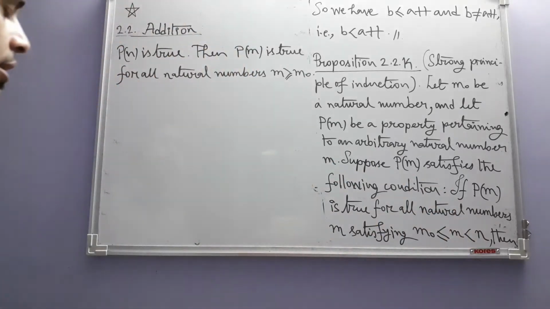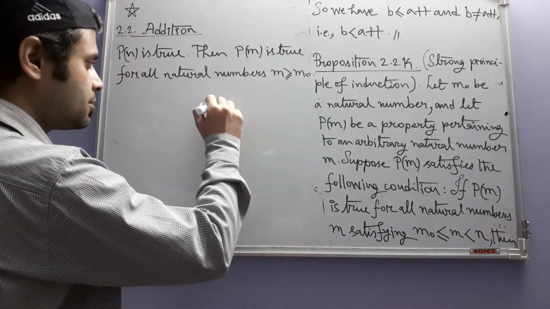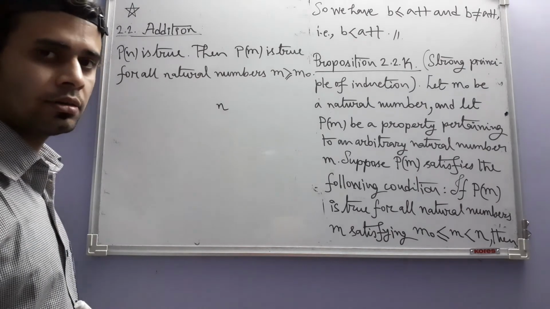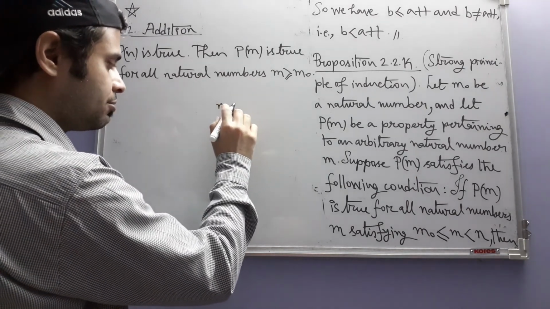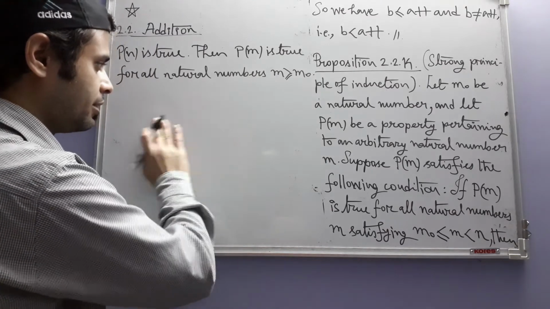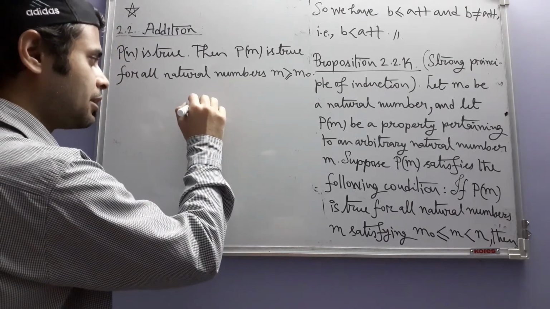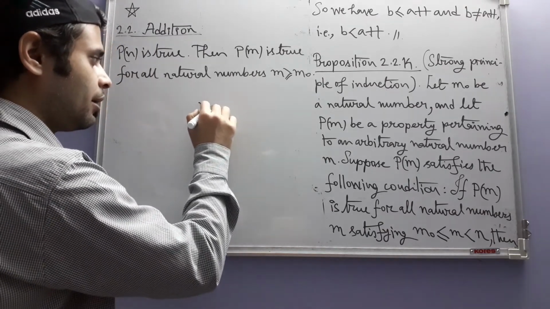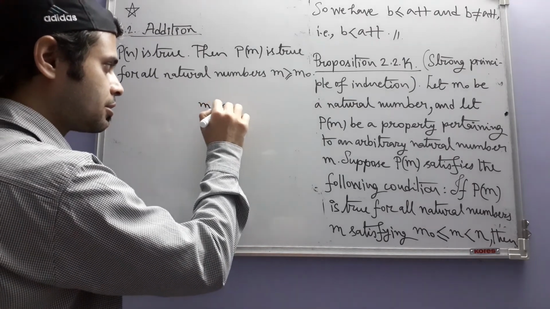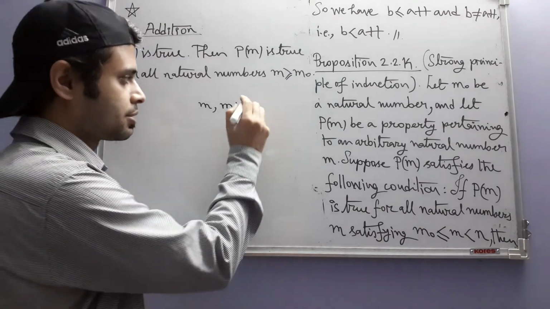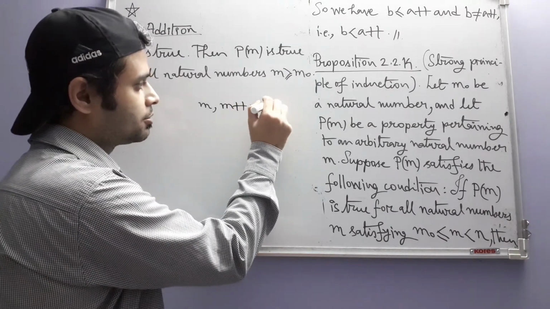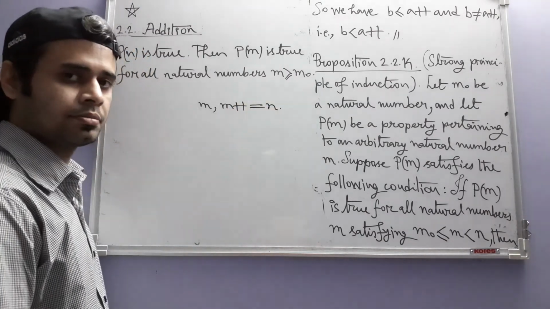What I'm trying to say is this. Suppose you have a natural number m, and you have the successor m plus plus, which comes next, and that is suppose equal to n.